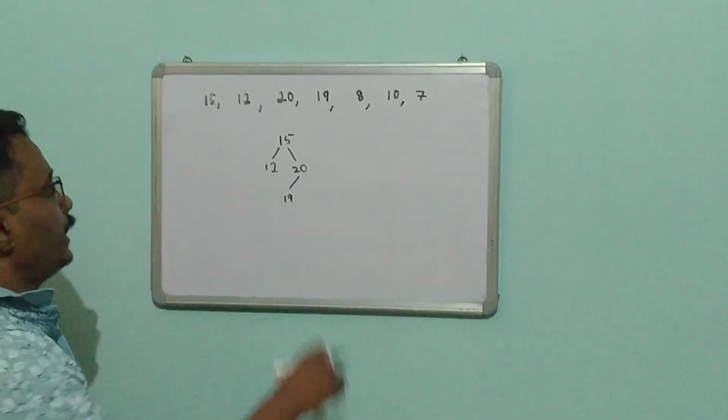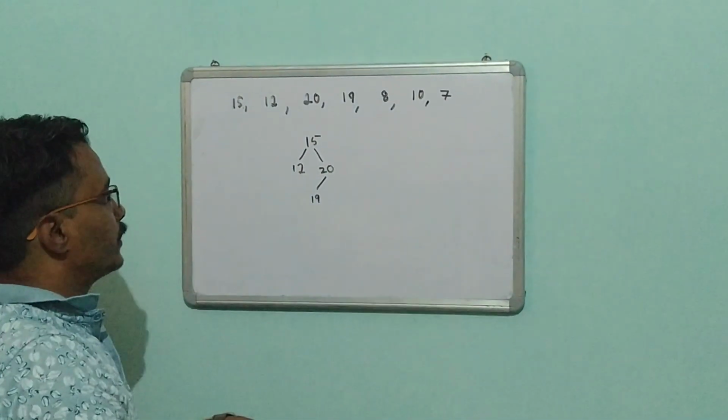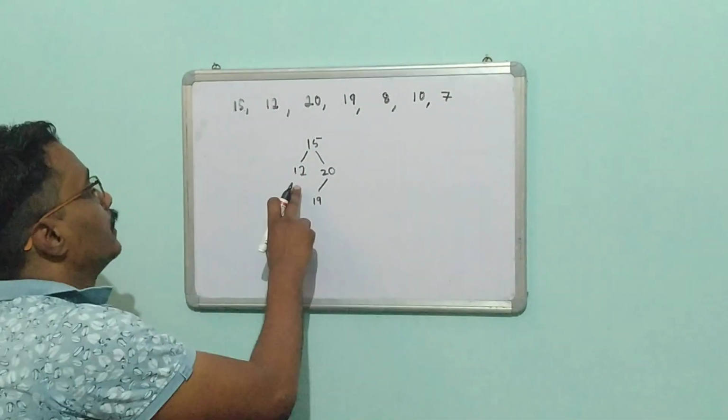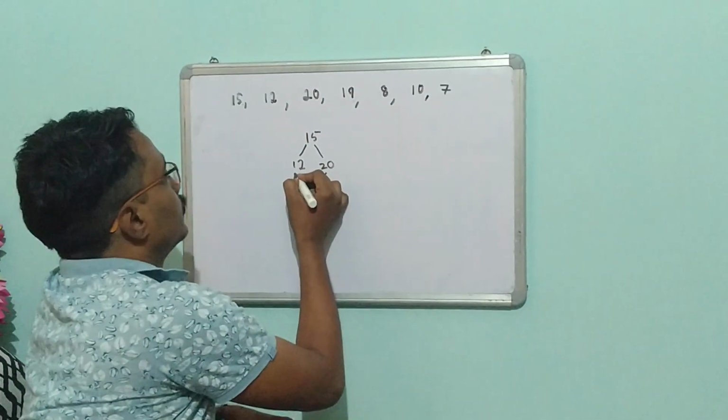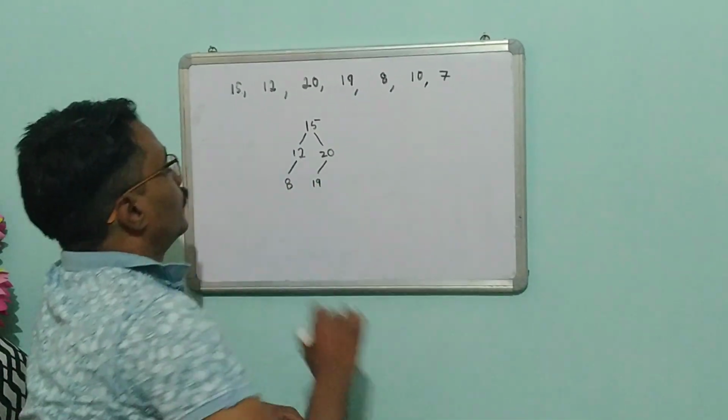Then 8: comparing 8 with 15, it will be left. Then comparing 8 with 12, again it will be on the left part of 12.